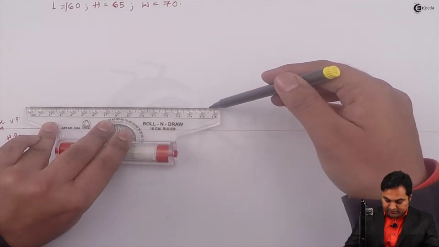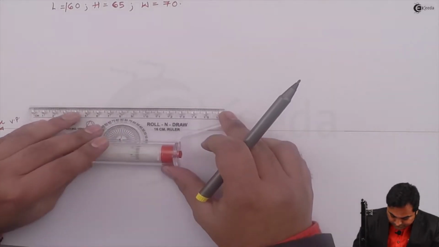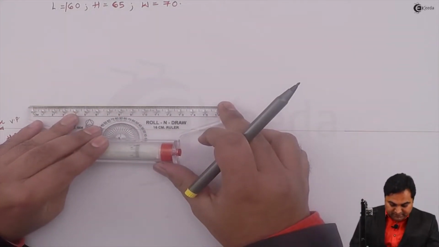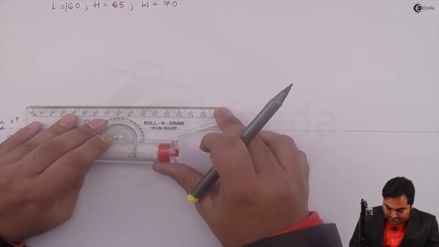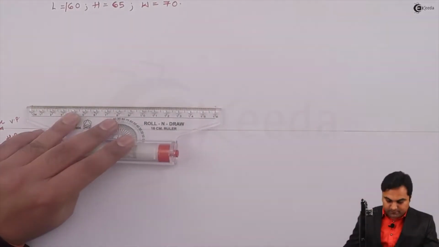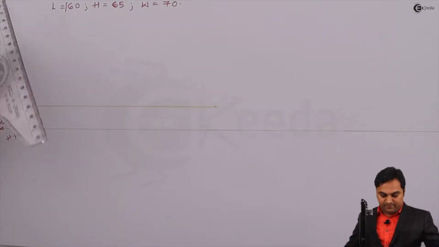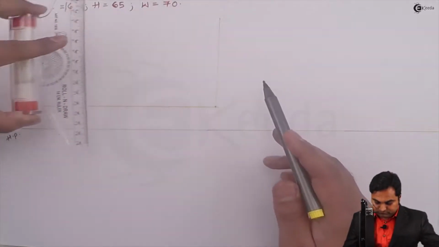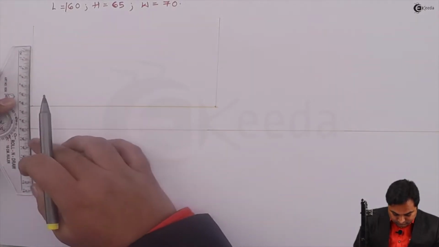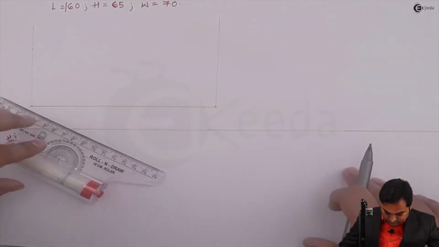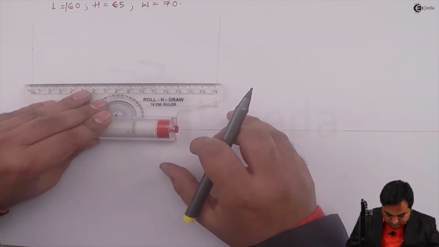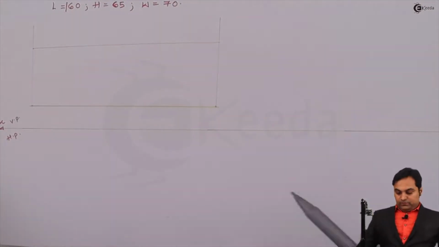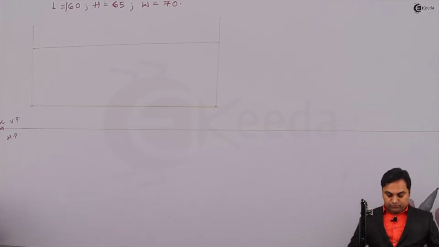So here I am projecting a light line. Now over this line I am going to measure the length as 160 mm, and the total height is 65 mm. So this is the rectangle inside which I am going to draw the front view.